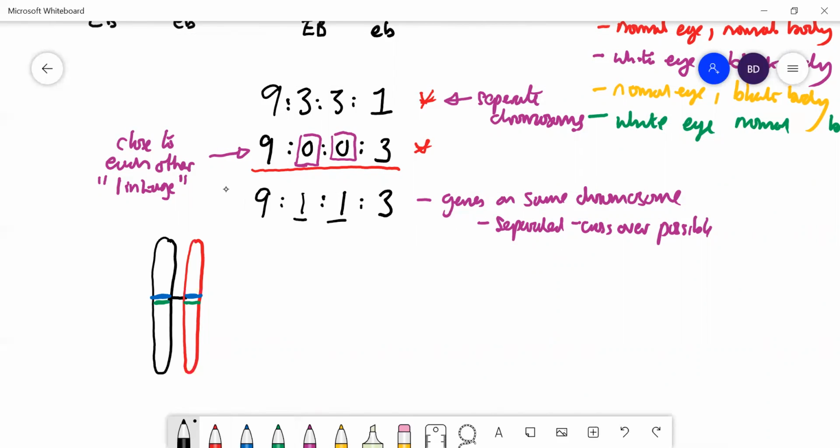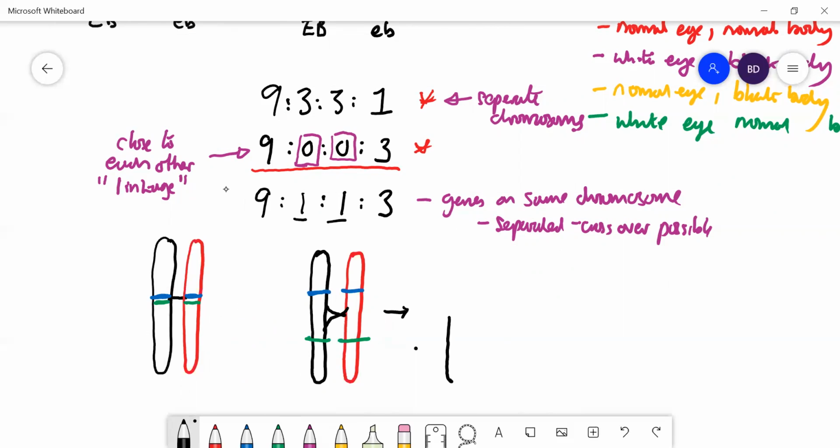Whereas let's draw the same thing if the genes are separated by a bigger distance. I'll draw the blue one there and the green one there. Let's say we get a crossover event, and it can happen anywhere in that band there, so it's much more likely. Let's say it just happens here, draw a little crossover. So what we're going to get is red.